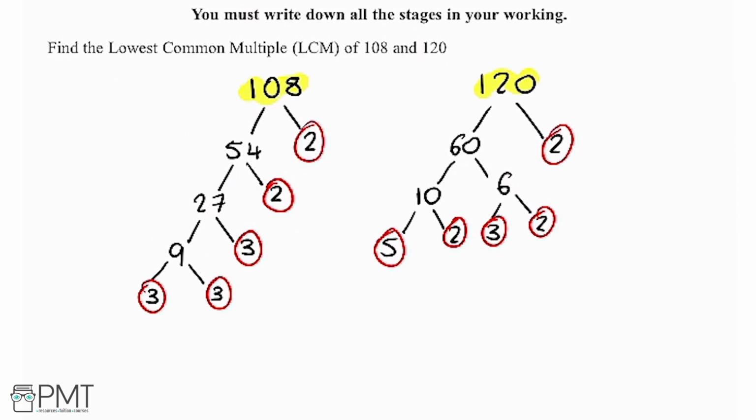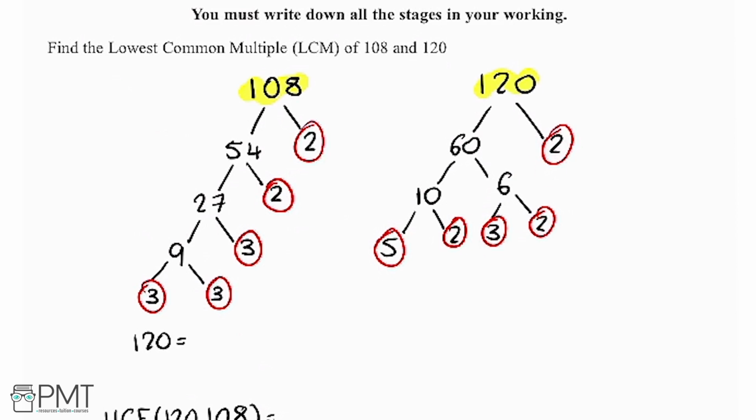So our next step is we need to work out what the highest common factor is. The highest common factor is the largest whole number factor that's shared by both these numbers. To work this out, we're going to use the prime factors we've worked out. So I'm going to write out 120. If we look at our tree, we've got 2, 2, 3, 2, 5.